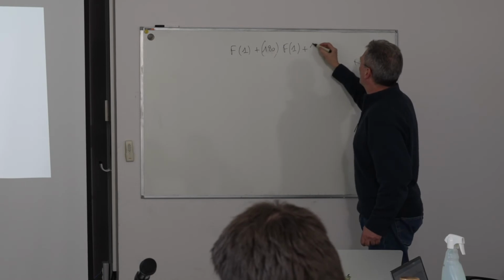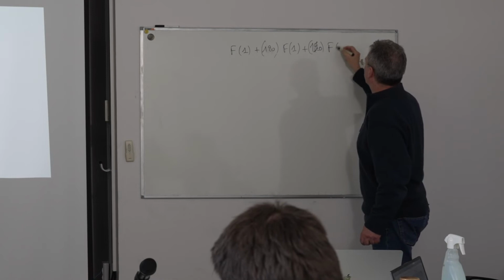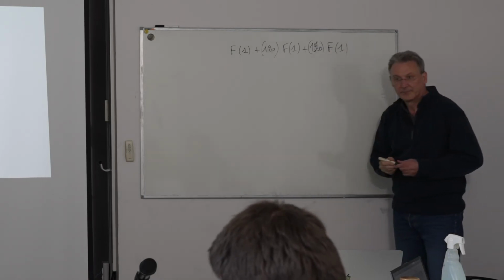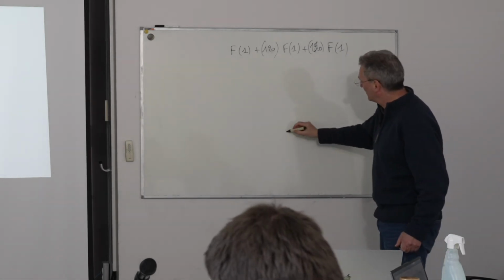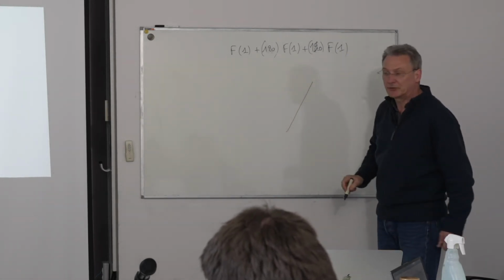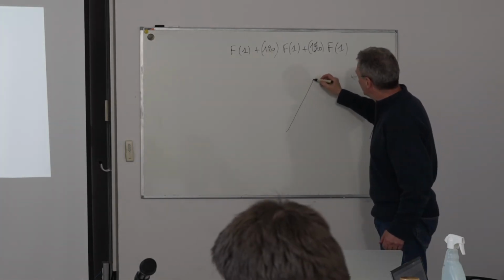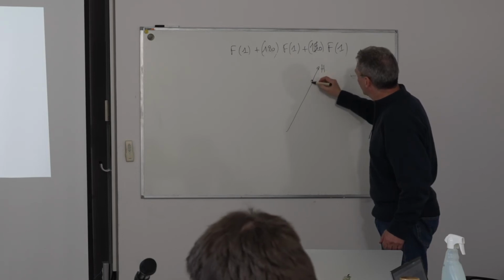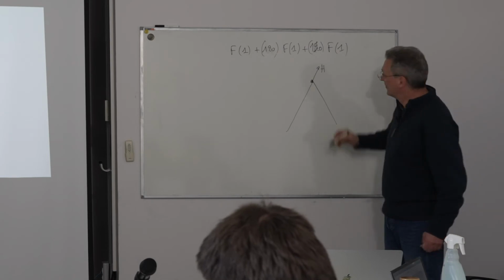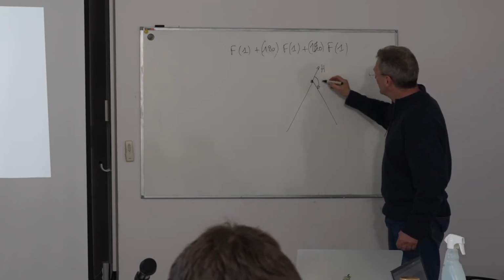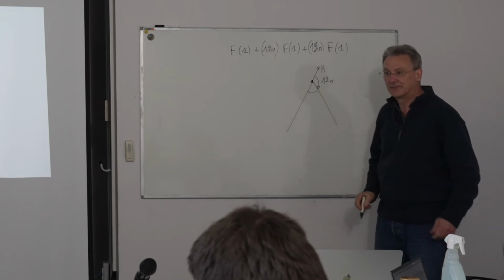F of 1 plus 120, f of 1. Yes, because when you want to make an equilateral triangle, you need to instruct the turtle to turn. When she gets here, the heading vector is in this direction, and I need to instruct her to turn here. So the angle that I must make is 120 here, and not 60 as I said initially.